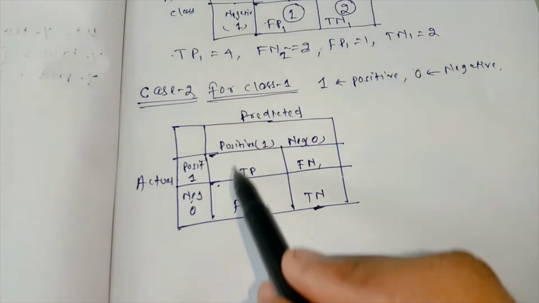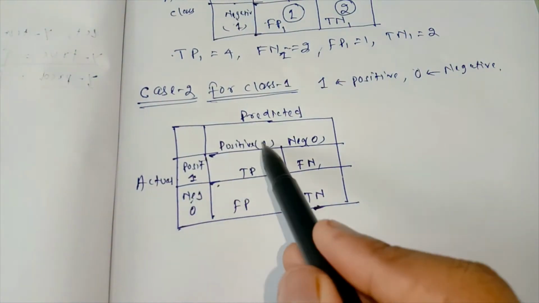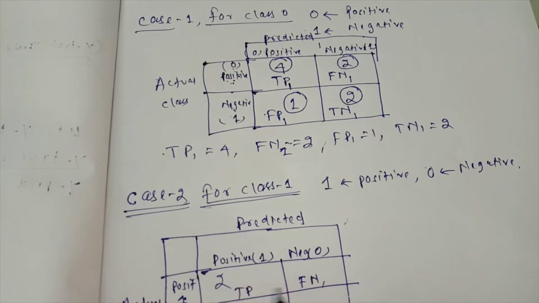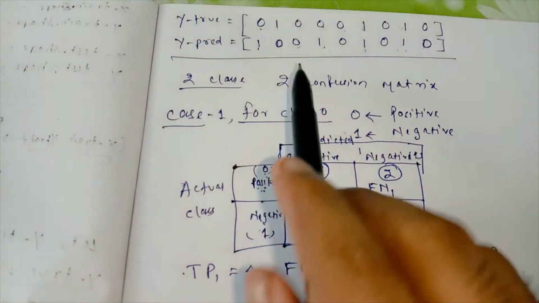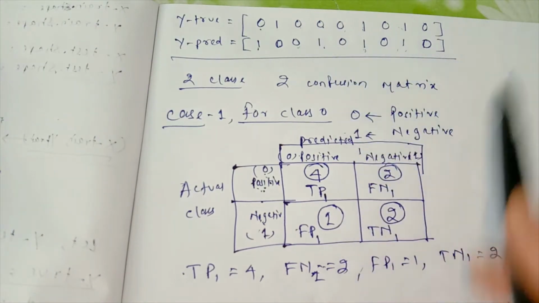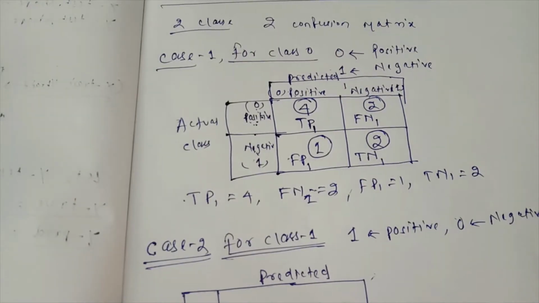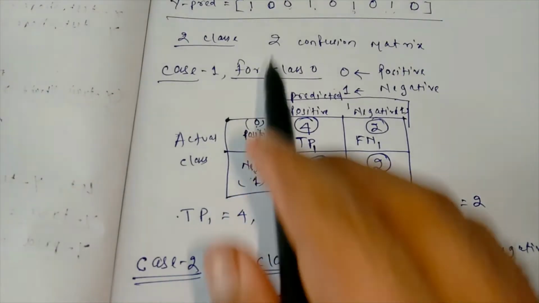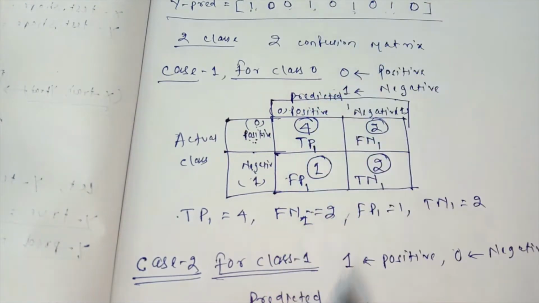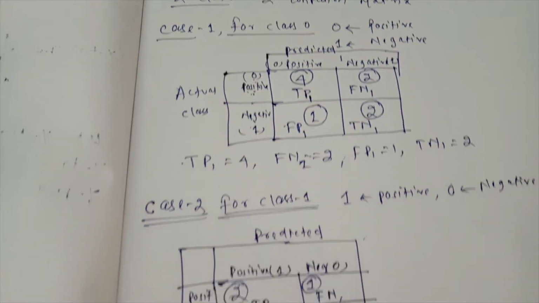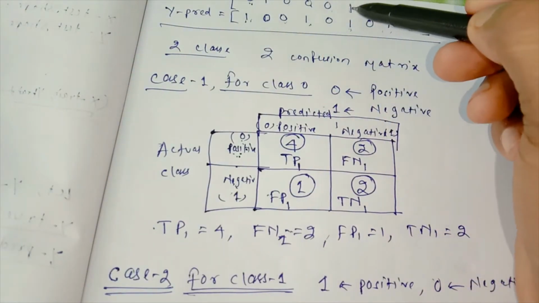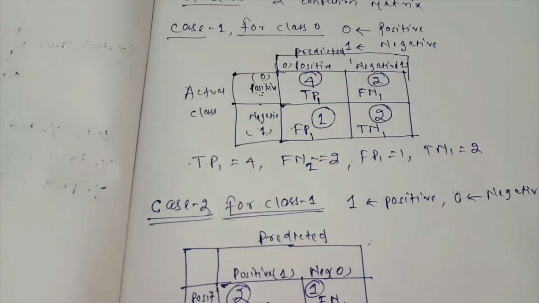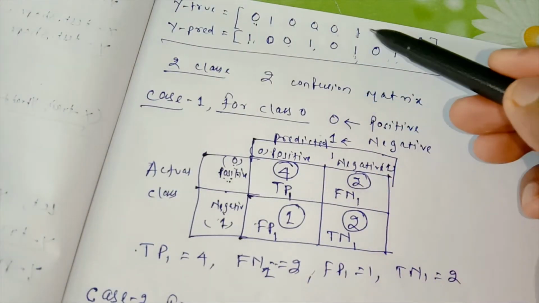What combinations do we have to find? The 1 1 combination: check how many, so 2. The 1 0 combination: only one. The 0 1 combination: 2. True negative, negative means 0, so the 0 0 combination: 1, 2, 3, 4.